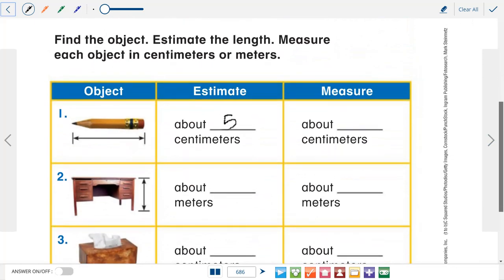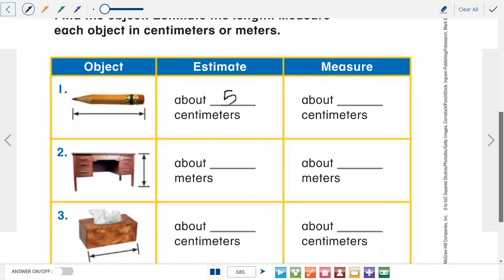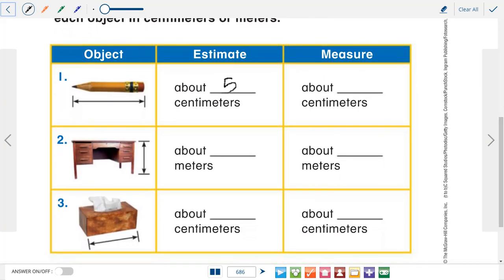Now, in this question, we should find the object, estimate the length, and measure each object in centimeters or meters. These objects we all have in our houses, okay? I want you to measure the length of your pencil. When I say estimate, I mean about how many. So it is not the exact number.